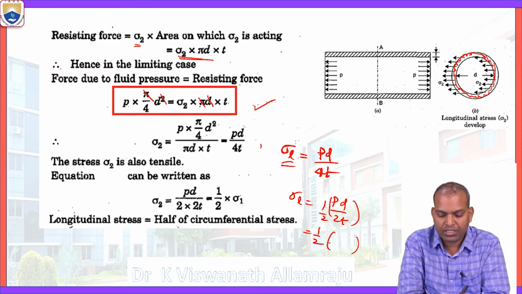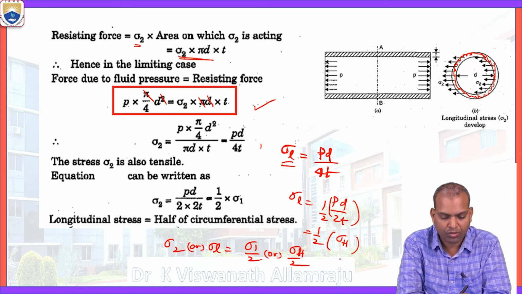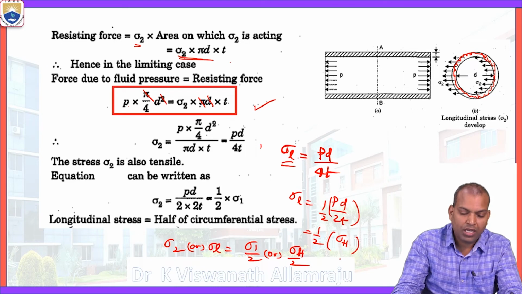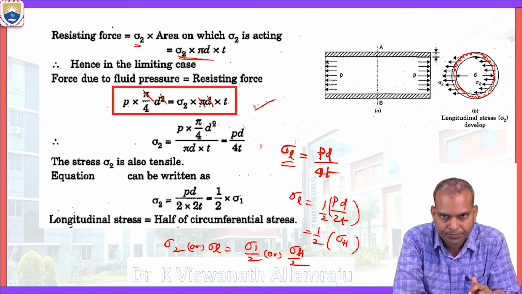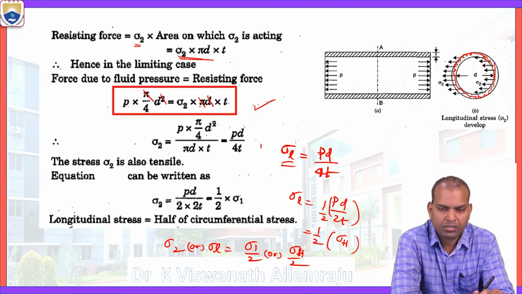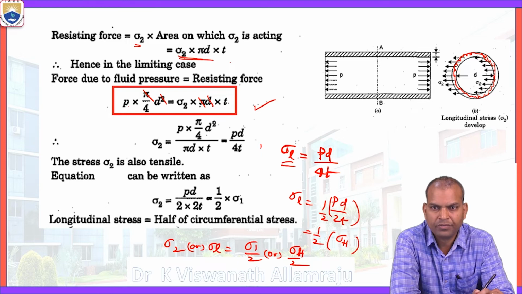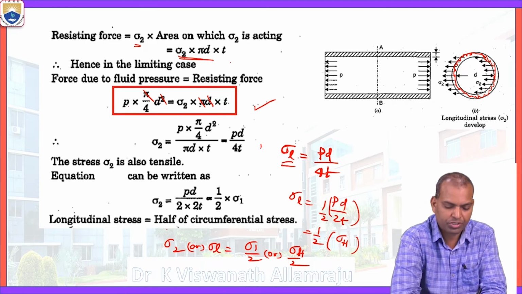What is the PD by 2T here? That is the hoop stress, sigma h. So the longitudinal stress, sigma 2 or sigma L, equals sigma 1 by 2, or the hoop stress by 2. The value of the longitudinal stress is half of the circumferential stress or hoop stress.